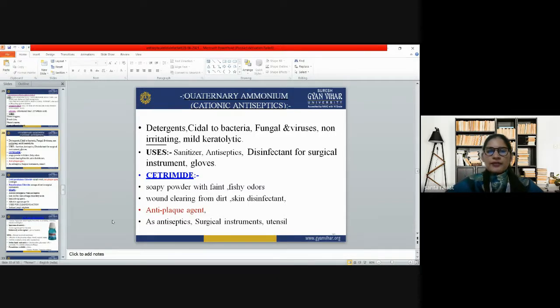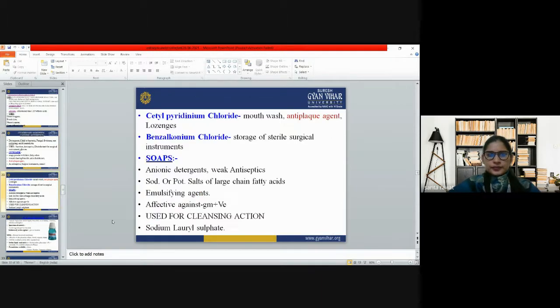Then we have cetrimide. Cetrimide is a soapy powder with a faint fishy odor, and it is used for cleaning wounds from dirt. It is also used as a skin disinfectant. Then it is an anti-plaque agent, and used as an antiseptic for surgical instrument and utensil cleaning.